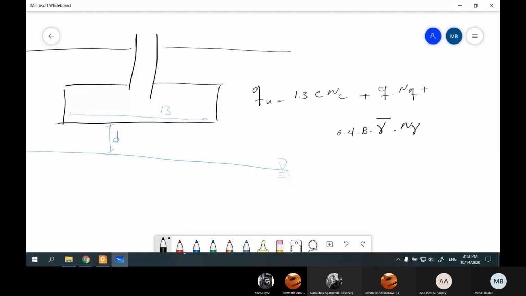What was q? Because there is no water, nothing is here except soil. So q is gamma Df. What is gamma bar? Gamma bar is gamma submerged plus d over B times gamma minus gamma submerged.